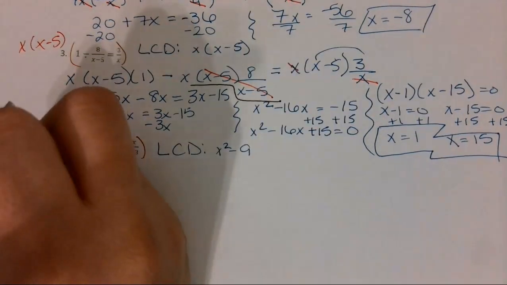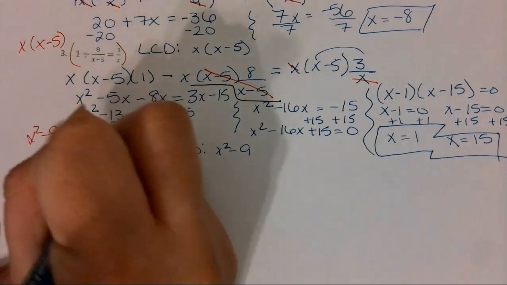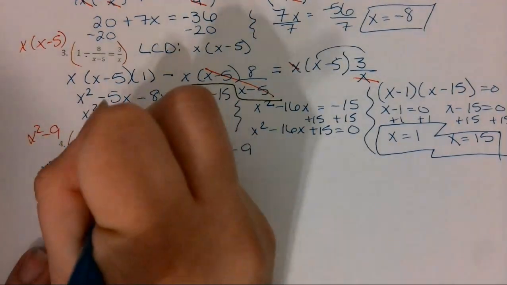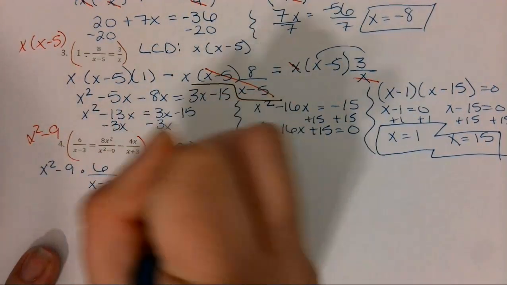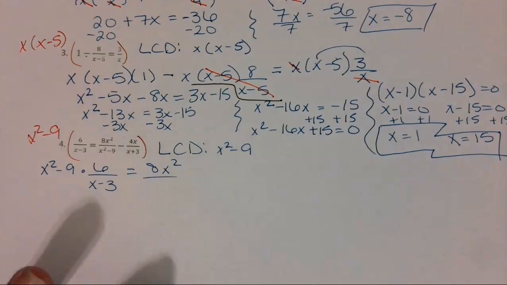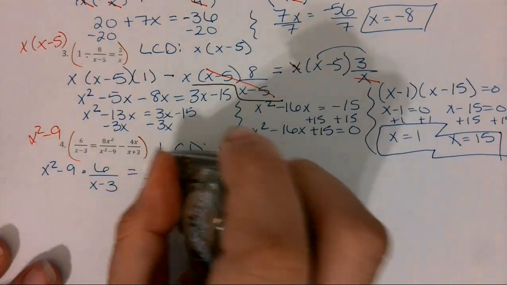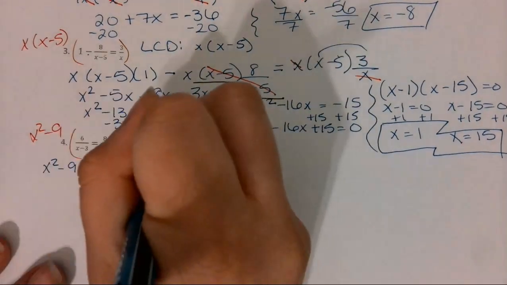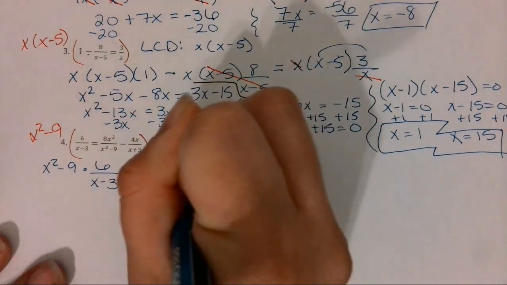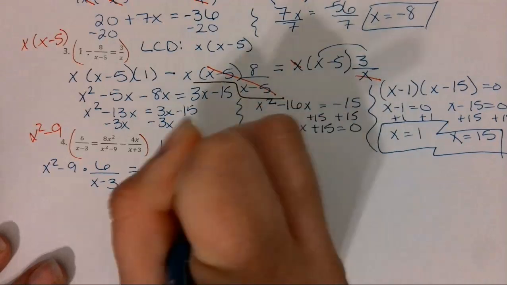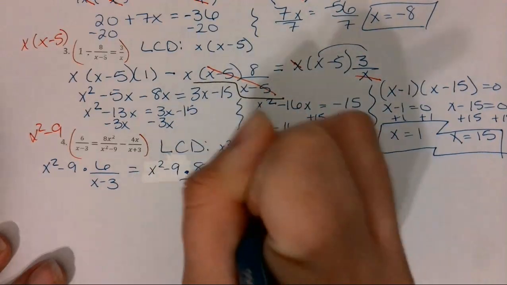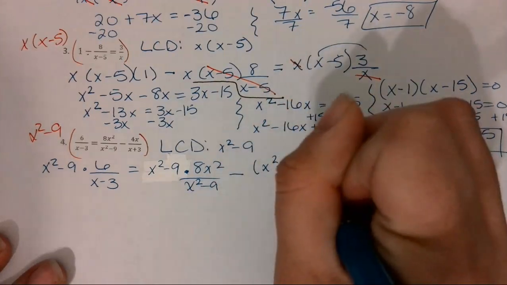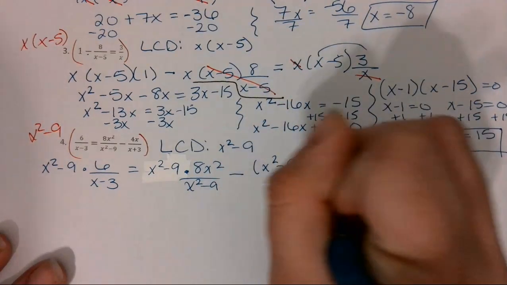So then I'm going to take that and multiply by the whole equation. I have x squared minus 9 times 6 over x minus 3. I have x squared minus 9 times 8x squared over x squared minus 9 minus x squared minus 9 times 4x over x plus 3.